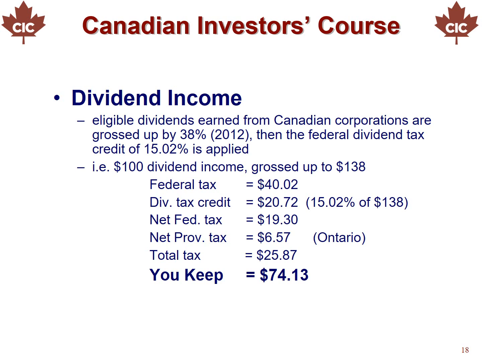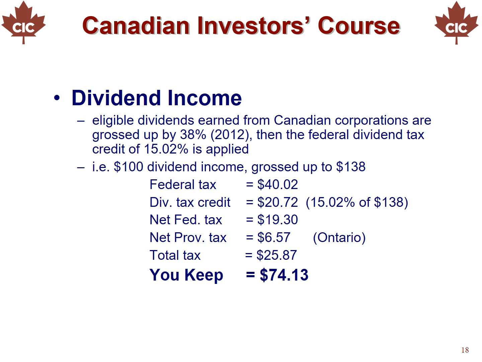Finally, dividend income, a little more complicated, but eligible dividends earned from Canadian corporations are grossed up by 38% in 2012, and it changed in subsequent years. Then the federal dividend tax credit of 15.02% is applied. So, for example, on $100 of dividend income, it grosses up to $138.